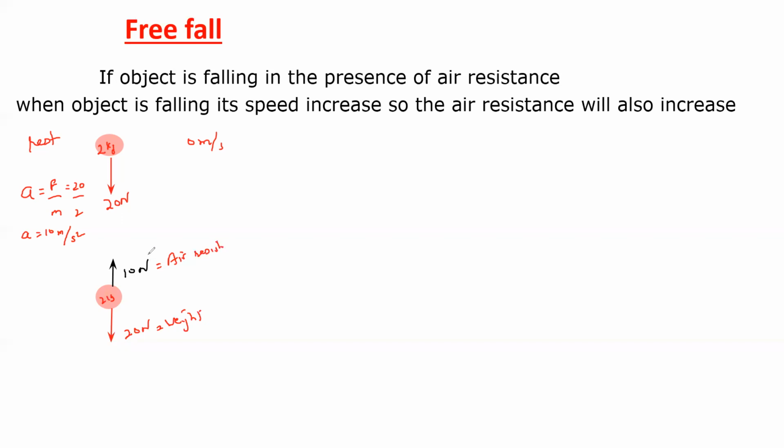The resultant force: 20 Newton is the weight acting down and air resistance is acting upward, so the resultant force will be 10. So when we use this formula, we always substitute the resultant force. So resultant force is 10 and the mass is 2, so 10 divided by 2. Now what is the acceleration? Acceleration is 5 meter per second square.